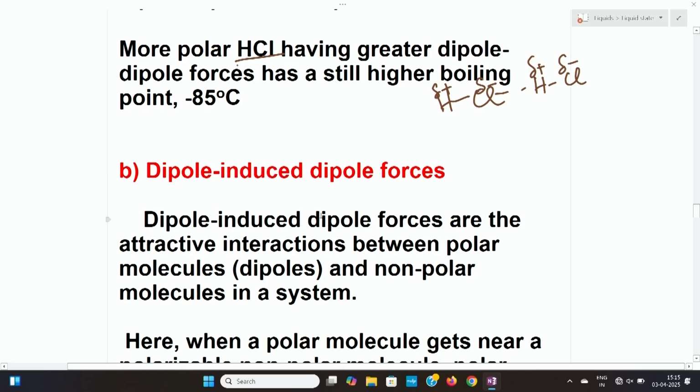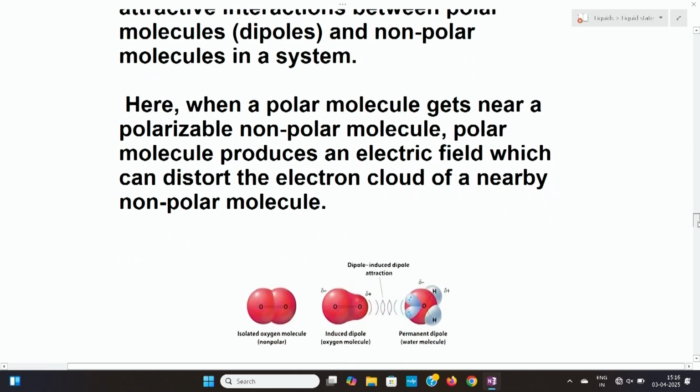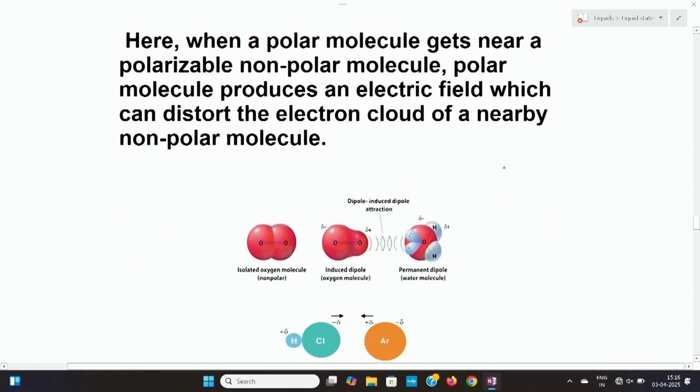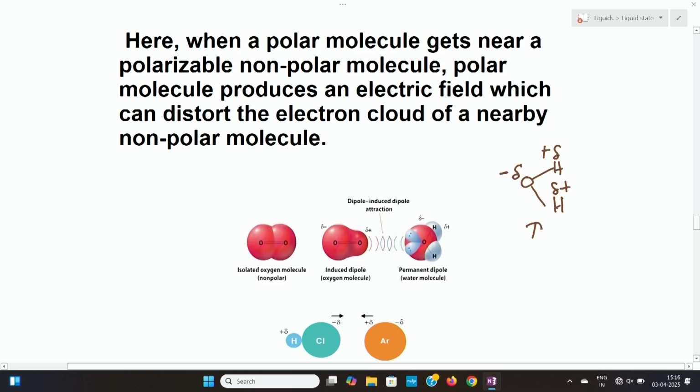In the case of dipole-induced dipole forces, we have a non-polar molecule. If you take the example of water, that is polar. In this water molecule, oxygen has partial negative charge and each hydrogen has partial positive charge. There is a separation of charges, and this water molecule is polar, a permanent dipole moment molecule.